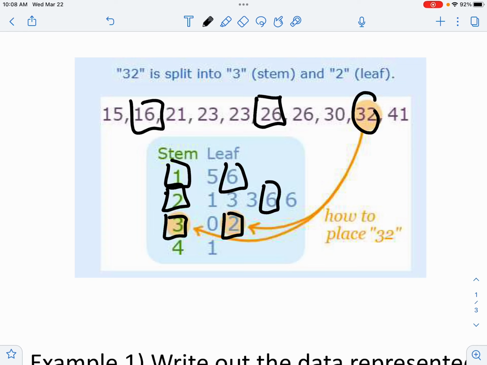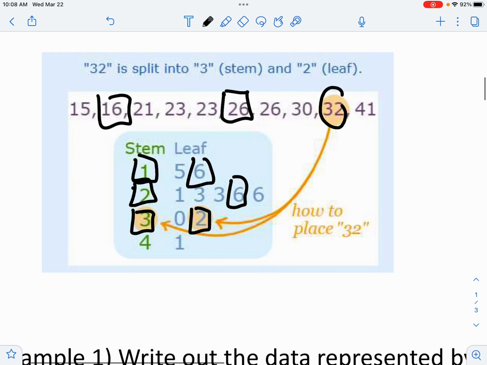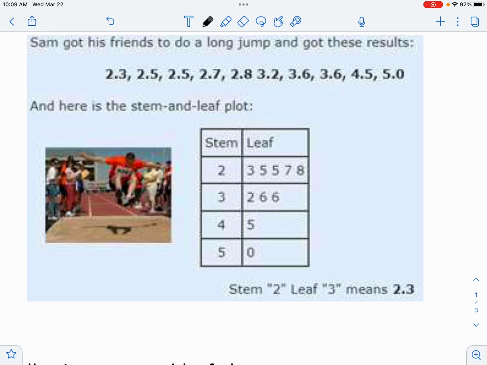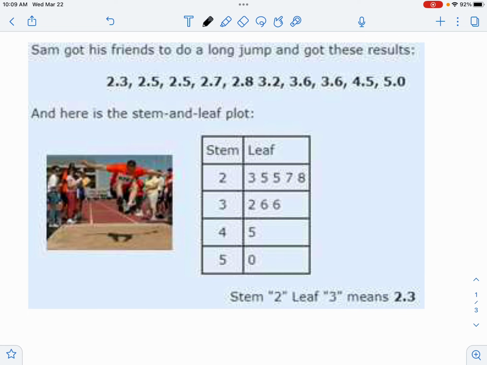Usually it's 10s and 1s, but it doesn't necessarily have to be. If we go over to the other stem and leaf plot on the right side, this one's about Sam doing long jumps, and these are the results. This time, a stem of 2 and a leaf of 3 is not 23. It's 2.3.